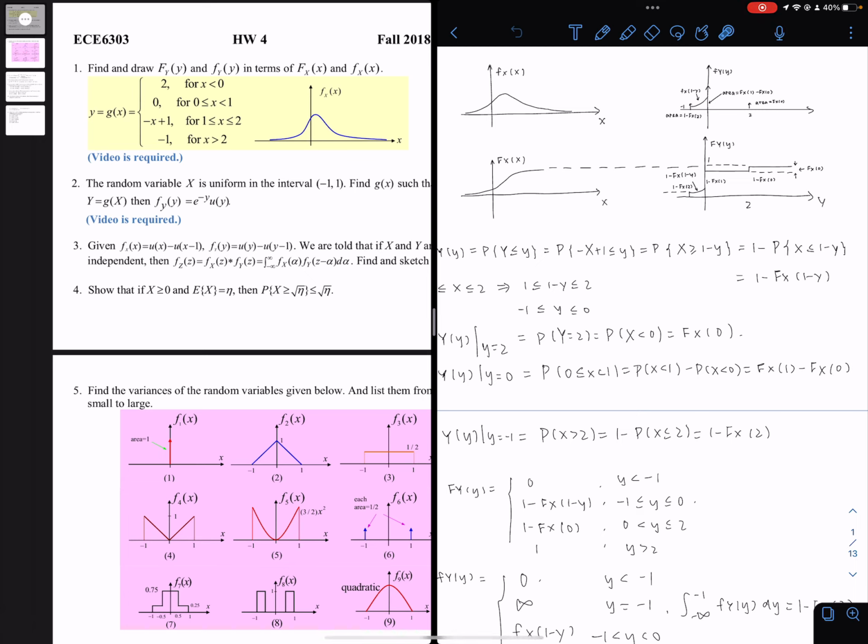So we would just go straight up. So when y is -1, we go straight up and reach the value of 1 minus cumulative x at 2. And here we have this curve, and then at y equals 0, we also have an impulse. We jump to 1 minus cumulative x at 0, and then also a little step here when y equals 2.